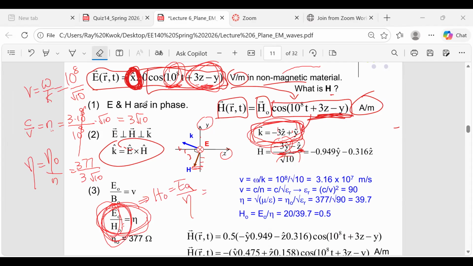What is E naught? Okay, not erase it. Okay. 20, right? E naught is 20. So it's 20 divided by 377 over 3 square root 10.